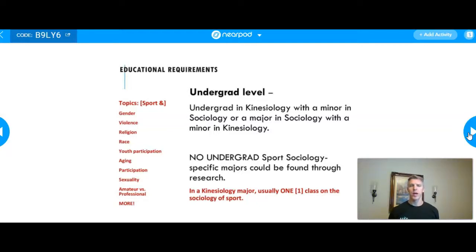Some of the topics for sociology of sport would be sport and gender, sport and violence, sport and religion, sport and race, sport and youth participation, sport and aging, sport and participation, sport and sexuality, sport amateur versus professional, and many, many other ones as well. So no requirements at the undergrad level. Now, if you stay in the kinesiology major, most of you will probably have a sociology of sport specific class somewhere along your educational journey.